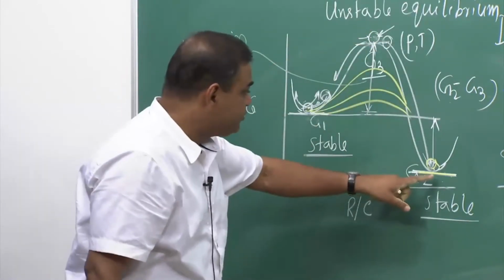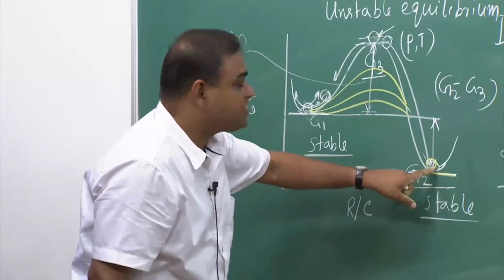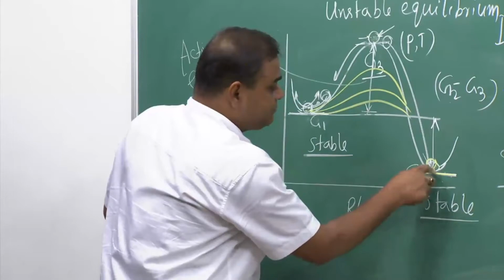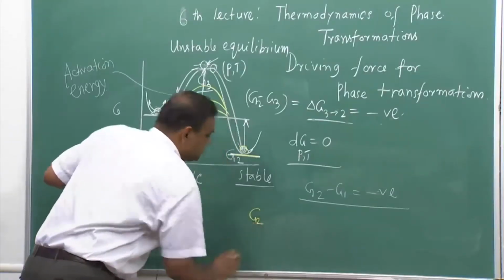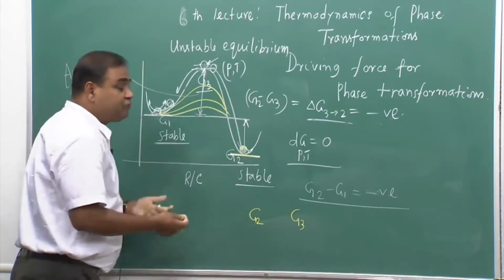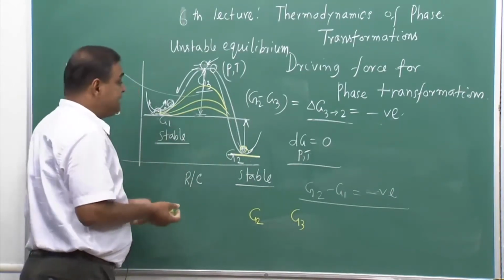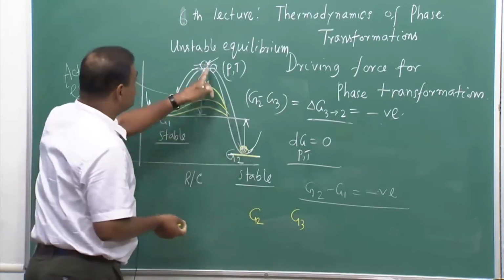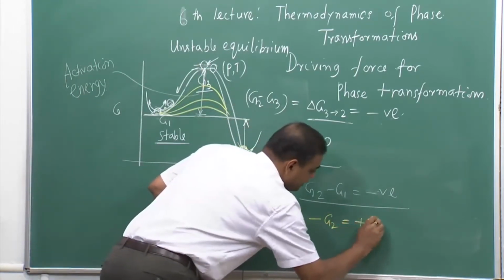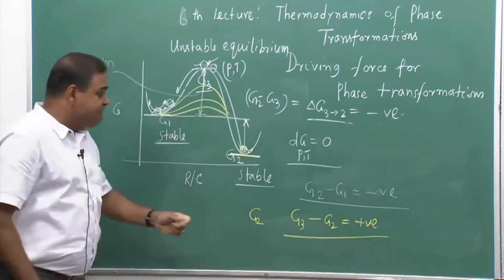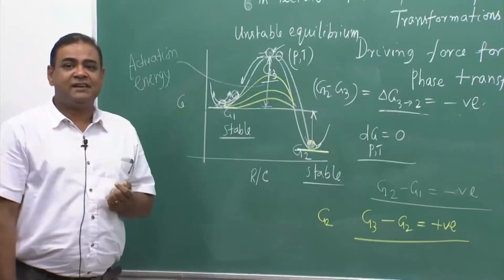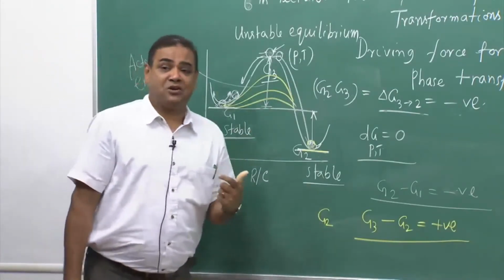Now, this is the starting point and this is the final point. G2 is my starting point and G3 is my final point. Now, if I try to find the energy difference when the ball wants to go from G2 to G3, G3 minus G2 is a positive quantity. If the free energy change is positive, then on its own the system cannot move.